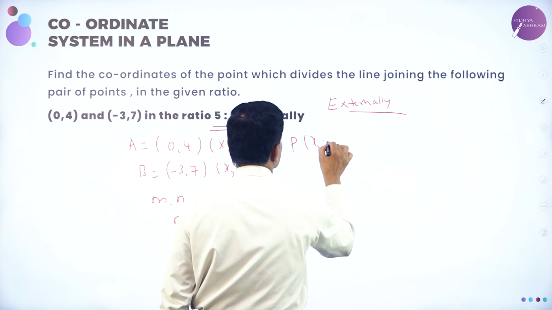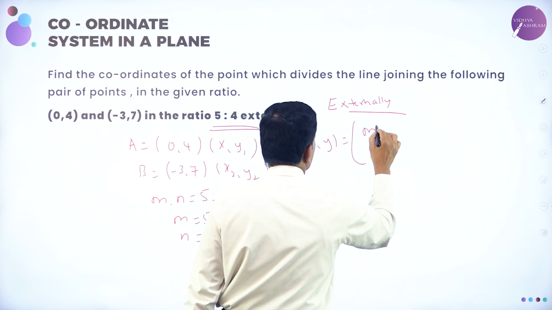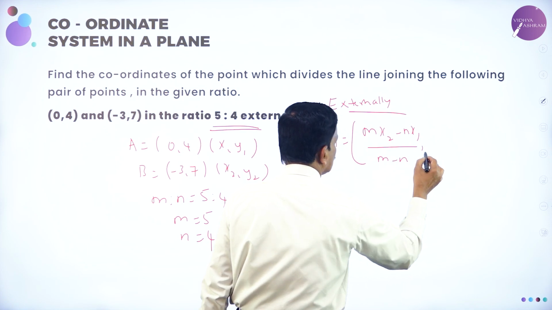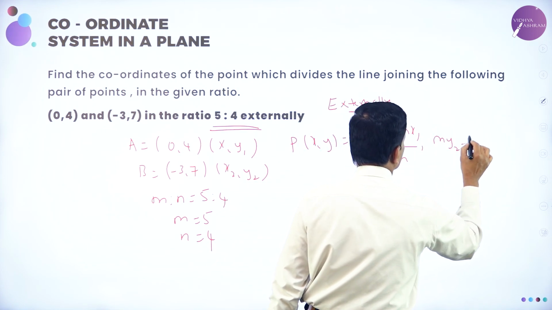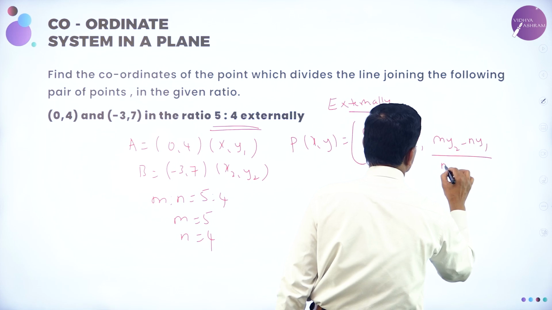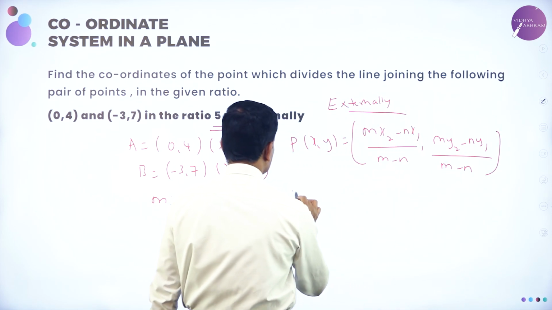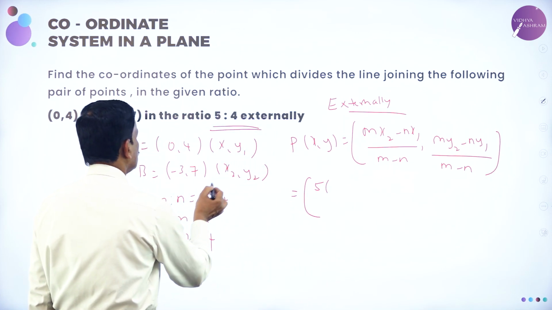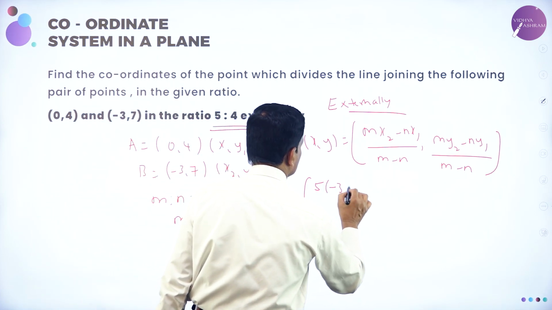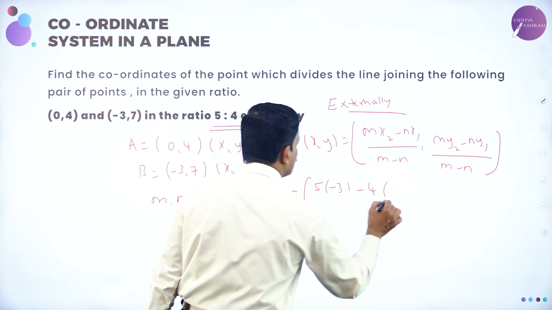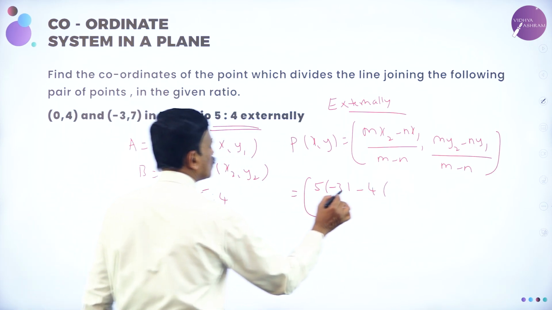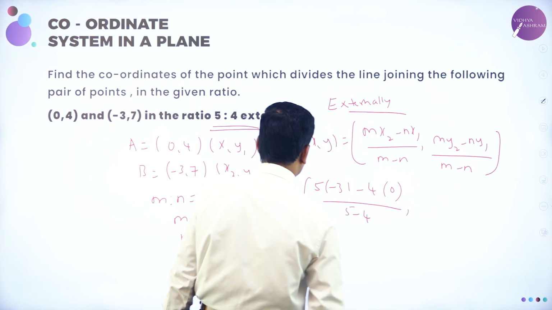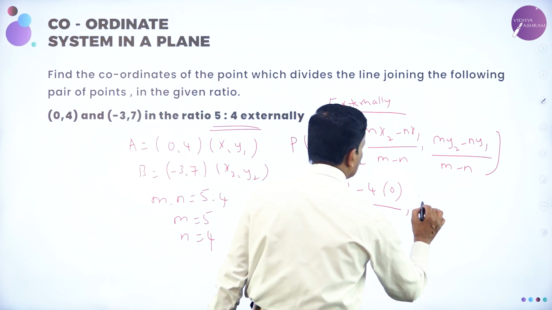P(x, y) is equal to (mx2 minus nx1) divided by (m minus n), comma (my2 minus ny1) divided by (m minus n). So this is equal to, what is m? m is 5 into x2. x2 is equal to minus 3, minus n is 4 into x1. x1 is equal to 0, divided by 5 minus 4, comma m is again 5 into y2.